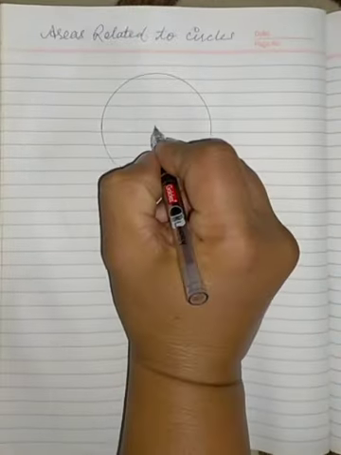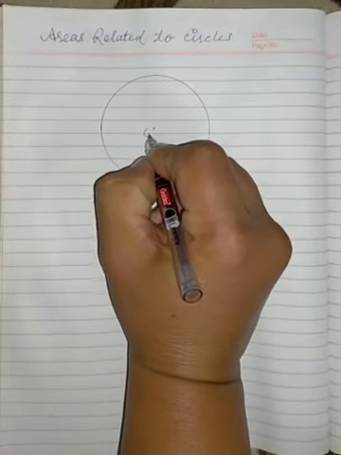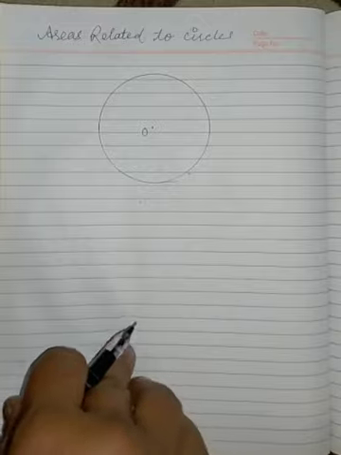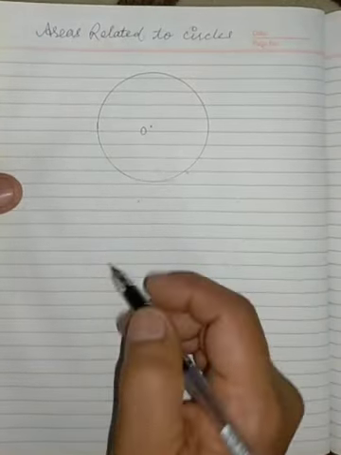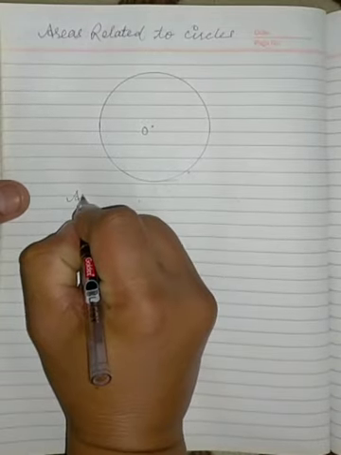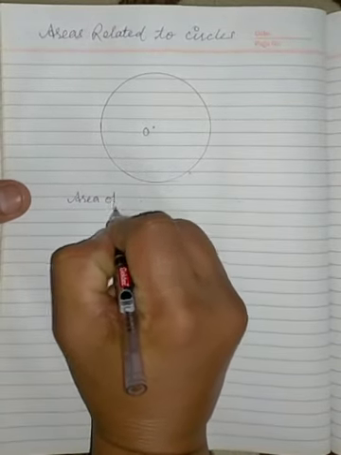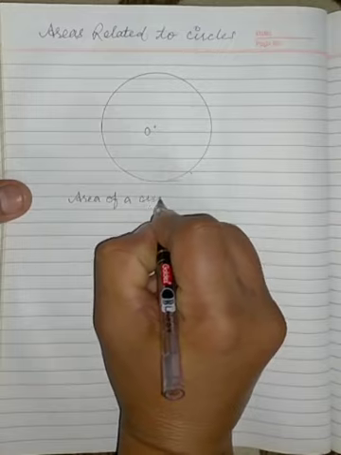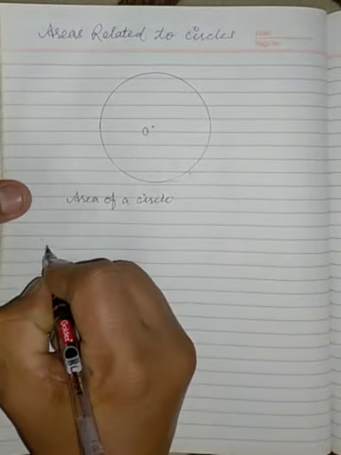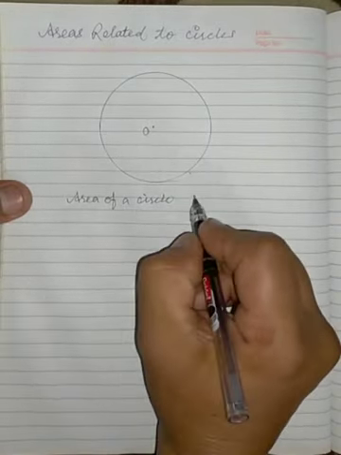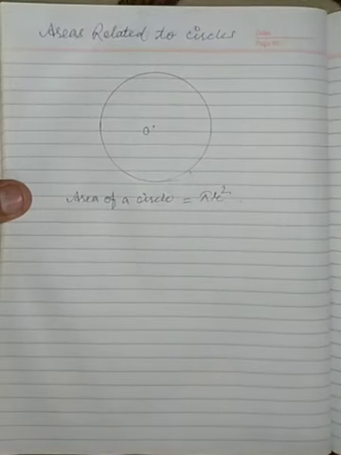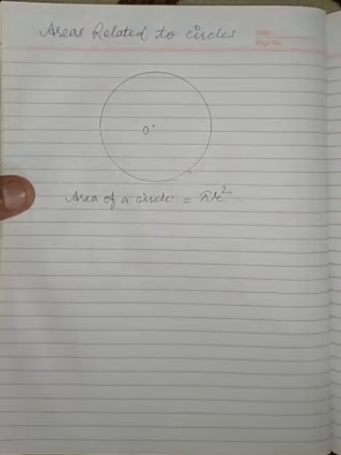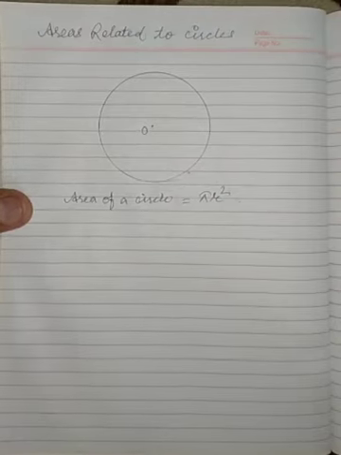Let this be a circle with center O. Till now, in the previous classes, we have studied that the area of a circle whose radius is r is equal to pi r square, where r is the radius of the circle.